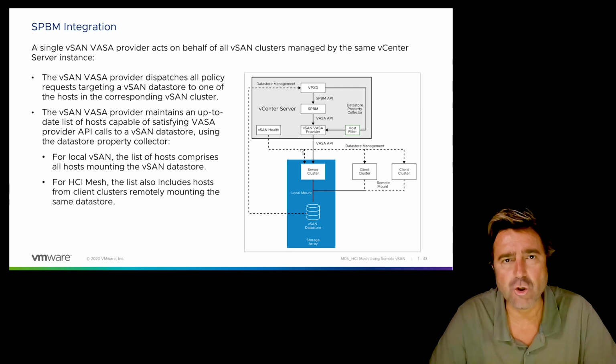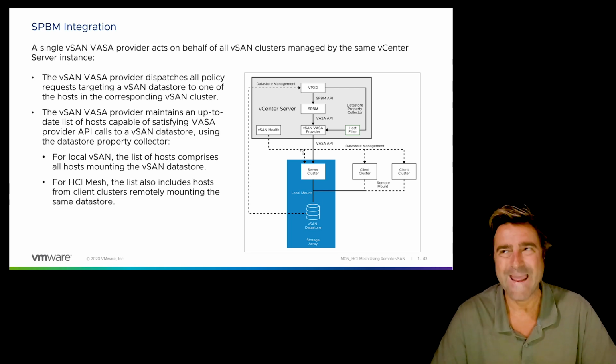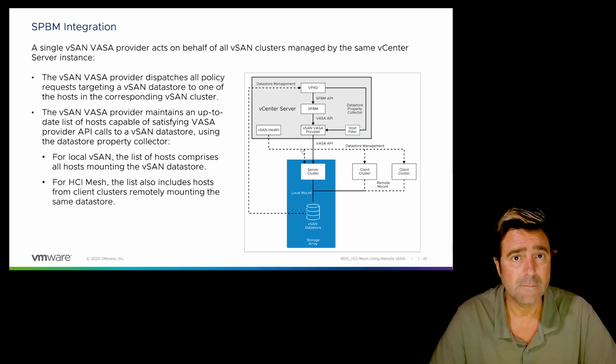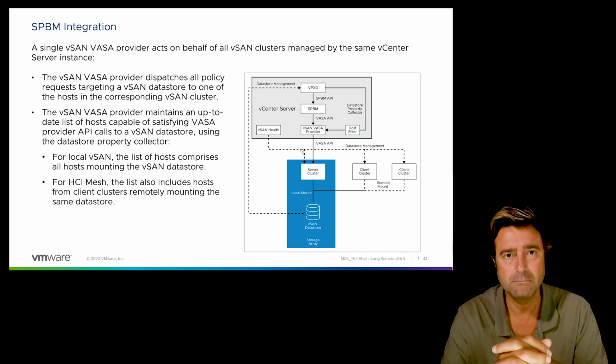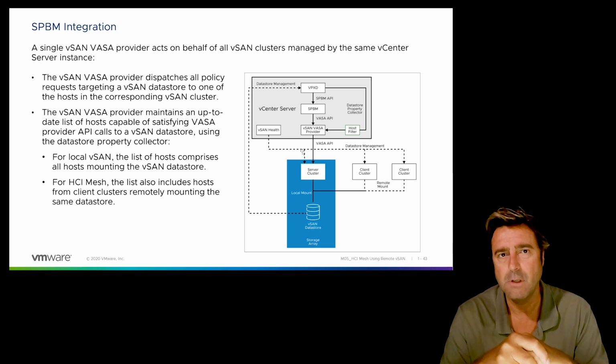Now, when we look at this page, this goes back to my previous demo. In my previous demo, I showed you what would happen if you tried to, for example, storage vMotion a RAID 5 VM onto the data store belonging to a 3-node cluster. And you saw, of course, that that failed. Now, why did it fail? Because remember, you have one vCenter.